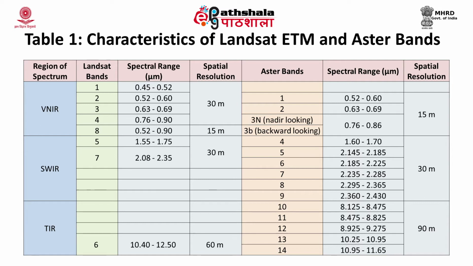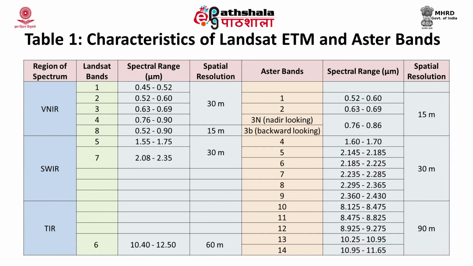And the spatial resolution is 30 meter for bands 1 to 4, and band 8 has a spatial resolution of 15. And in case of Landsat band 5, the spectral range is 1.55 to 1.75, and the spatial resolution is 30, and in case of band 7 it is 2.08 to 2.35, and the spatial resolution is 30.